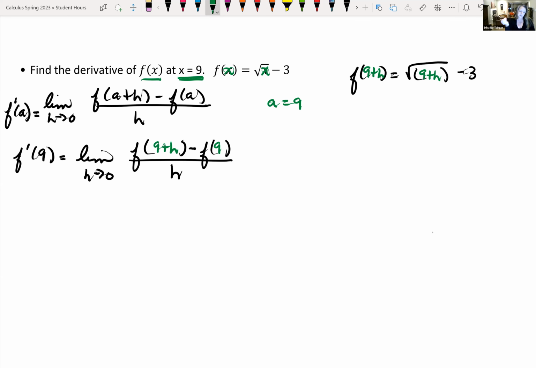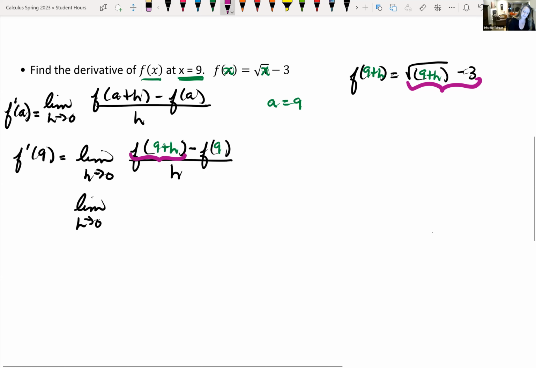There's nothing I can do there to simplify. So that piece right here is this piece right here. So let's bring down our limit as h approaches 0 of f of 9 plus h, which we just found to be the square root of 9 plus h minus 3, minus, now we need to evaluate and figure out what f of 9 is.